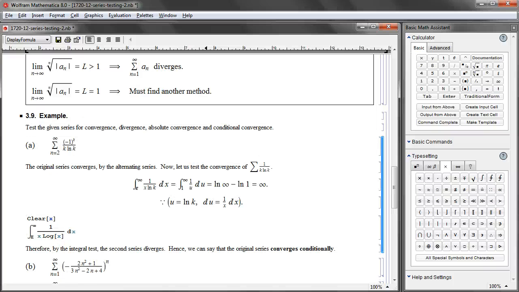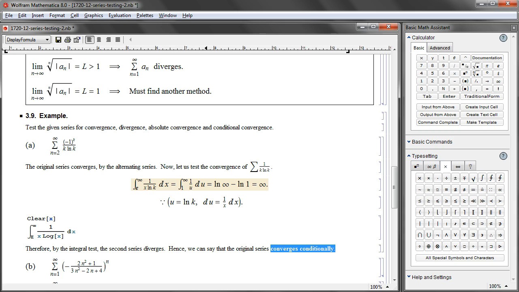Here's the full solution actually. It converges because it's an alternating series. But if you take the absolute value, then you can apply the integral test, so it diverges. So we have a conditional convergence.